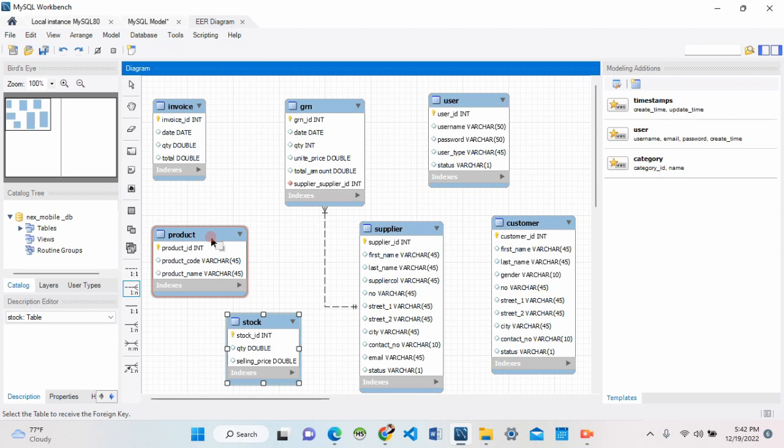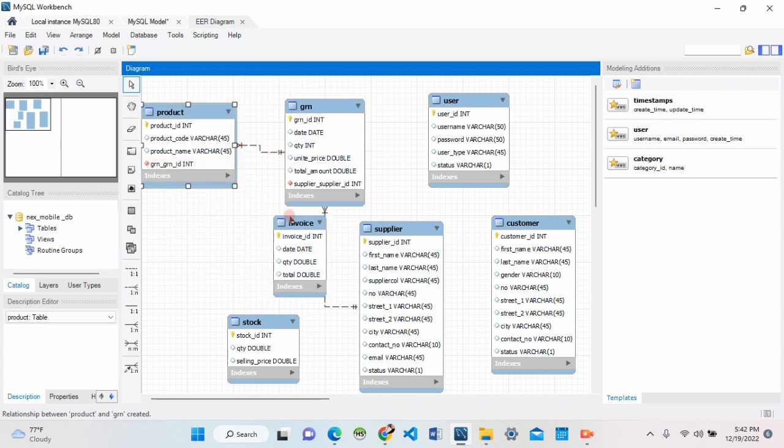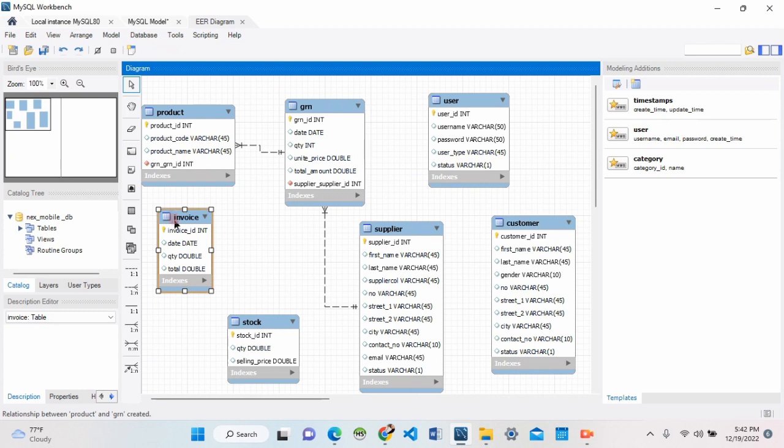One GRN can have many products, and in the product table, one product has only one GRN. So, as I told before, it will be a one-to-many relationship. So the product table is the many side and GRN is the one side. So this is the relationship, and we will see the next question.